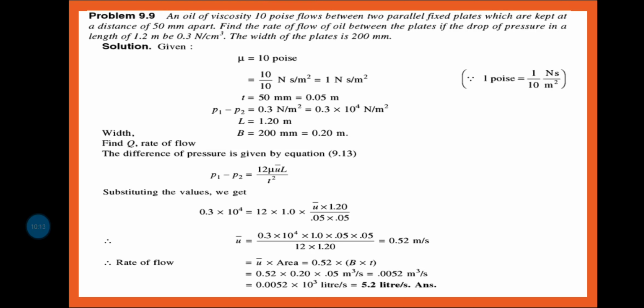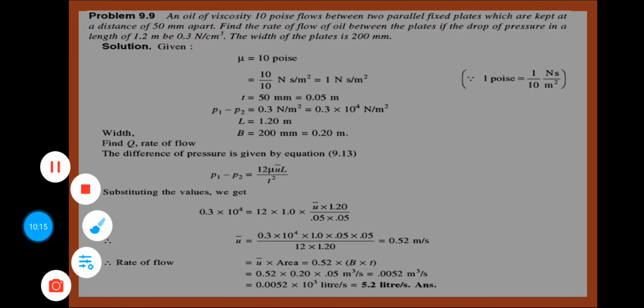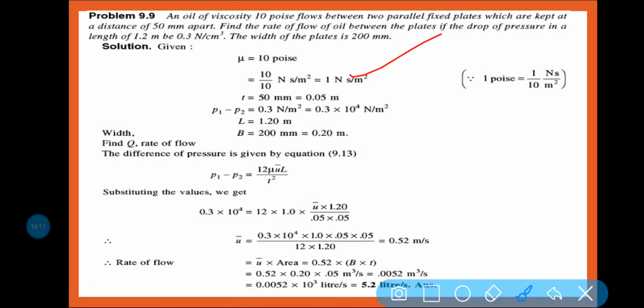So here mu is given 10 poise, means 1 by 10, that is 1 Newton second per meter square. T is given as 50 mm or 0.05 meter. P1 minus P2 is 0.3 Newton per meter square. L is 1.2 meter. B is equal to 200, that is 0.2 meter.